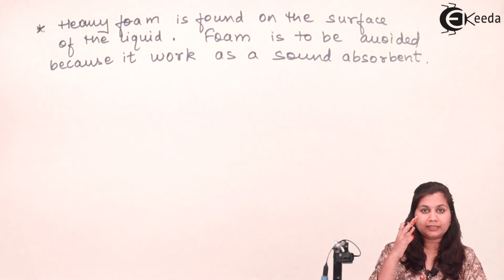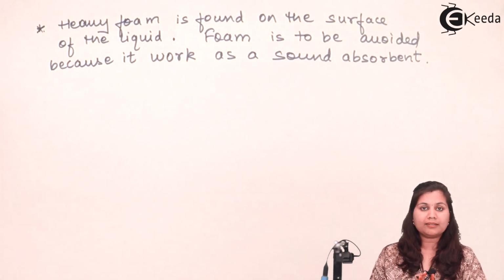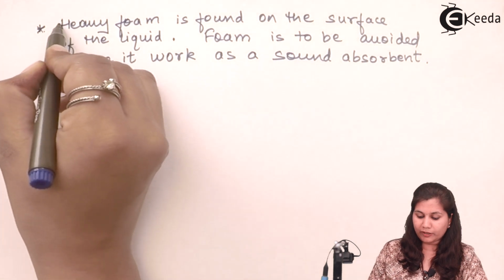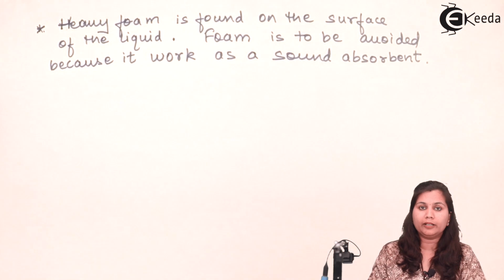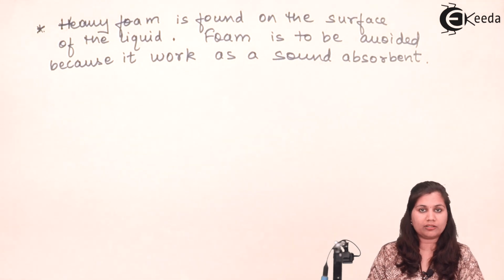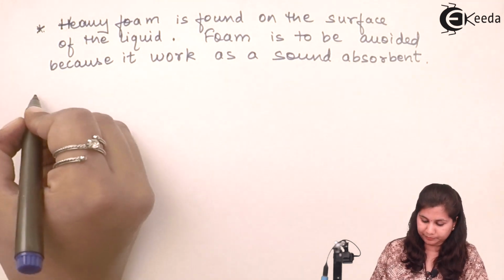The reflected echoes will be affected and the measurements of the level will be affected. So in cases where we have heavy foam, it should be removed from the surface of the liquid, then only can the measurements be taken and correct and accurate results obtained.